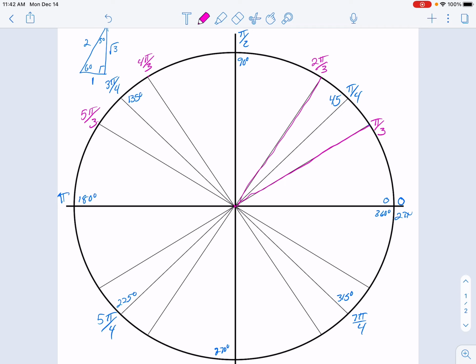6 pi over 3 is 6/3. Is that right? Oh, something's wrong. 1 pi third, 2 thirds, 3/3, 4/3, 5/3, 6/3. That should be 2 pi. What am I doing wrong?